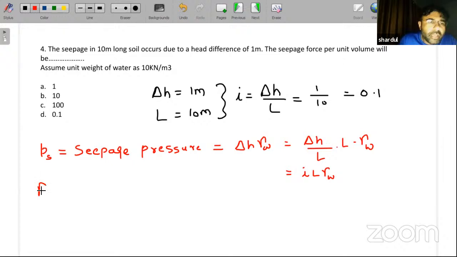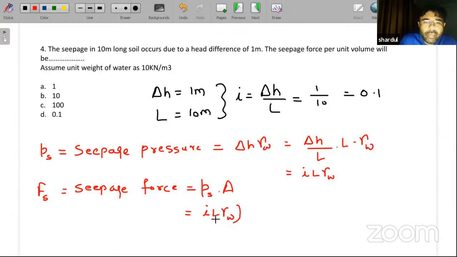Now, if I calculate seepage force, that will be seepage pressure into area. So it will become i L gamma W into area.